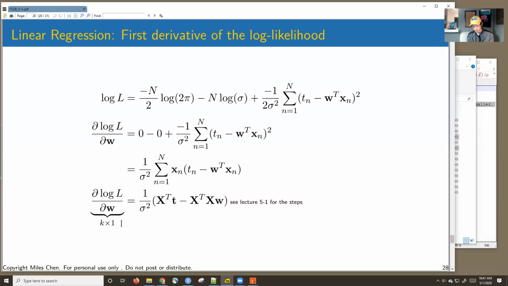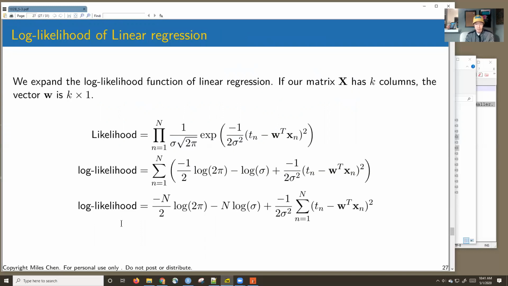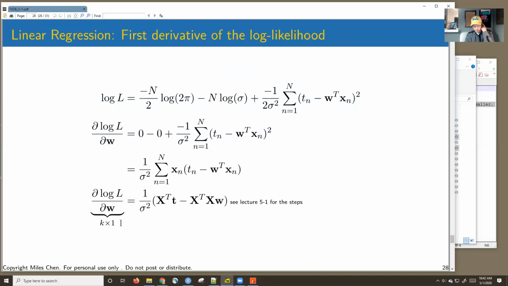The gradient will be a k by 1 vector, with the same dimensions as W. We assume our matrix X has k columns and the vector W is k by 1. So the gradient is 1 over sigma squared times X transpose T minus X transpose XW, okay?